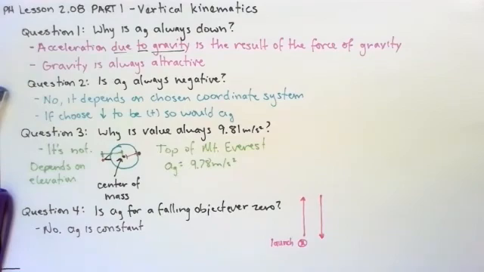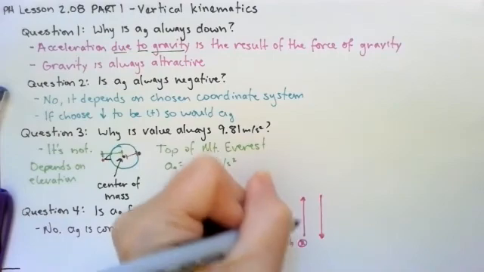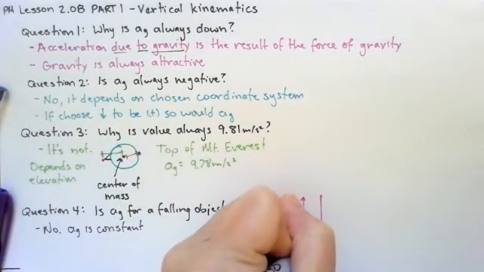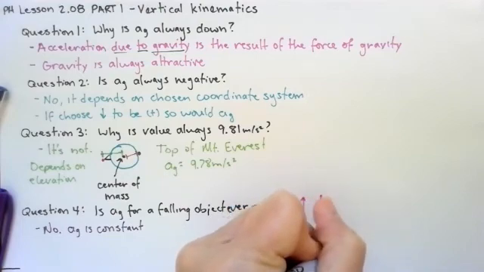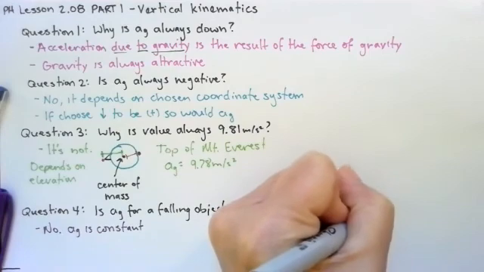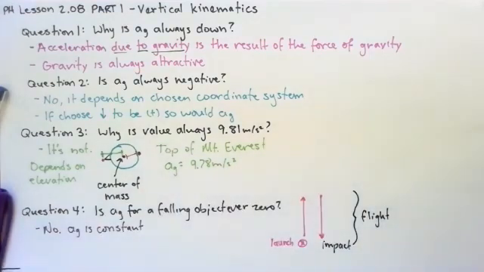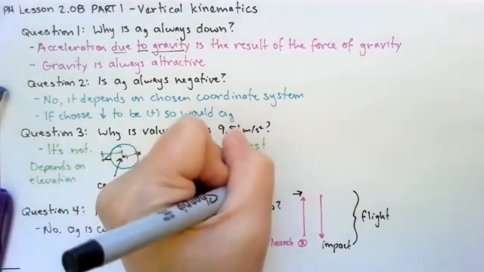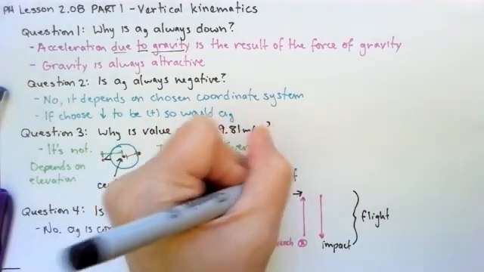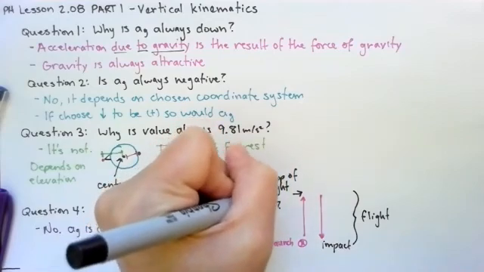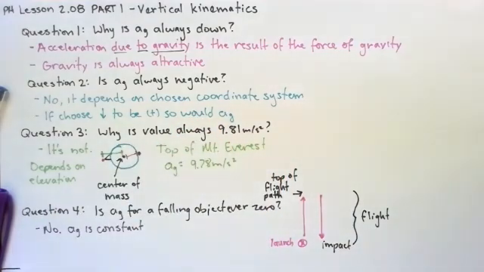We call the pattern that it takes, from the launch up to the top, down to impact, the flight. So we'll talk about time of flight. What we have here is the top of the flight path.